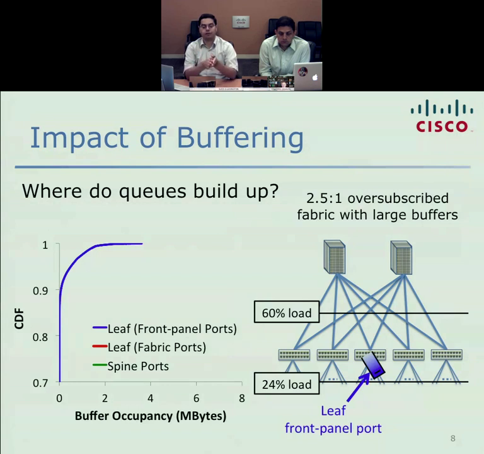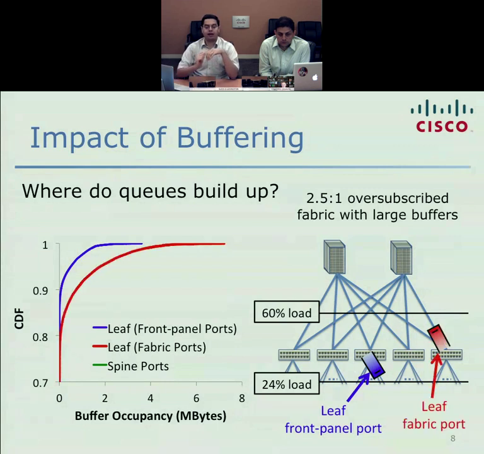The way to read this chart is that the maximum buffer size that we saw over the course of the simulation was around 4 megabytes in any one of these queues. And if you look at the point of 0.95 on the y-axis, it tells you that 95% of the time the buffer occupancy was less than a megabyte.